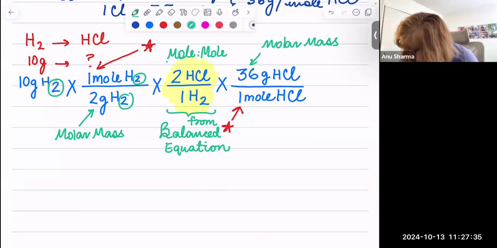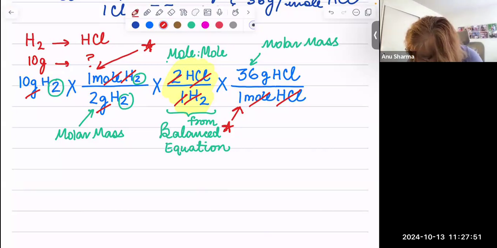So now let's get this thing. We see that grams of hydrogen cancel out, moles of hydrogen cancel out, and then moles of HCl cancel out.